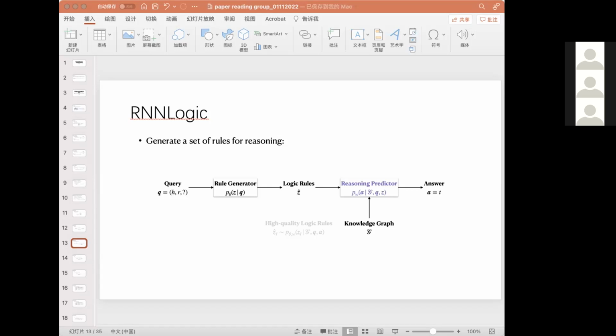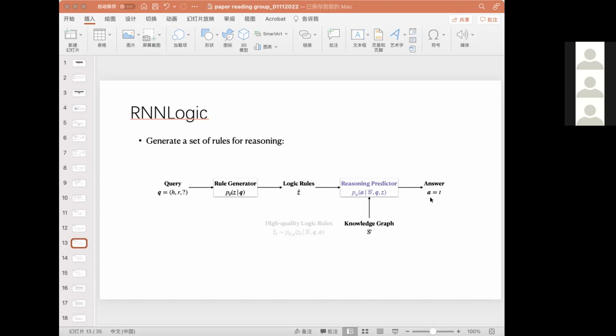This reasoning predictor will take the generated rule by the rule generator as the input, and then it will try to select the top K high quality rules as the most promising rules, and then return these most promising rules back to the rule generator in order to guide the learning of the rule generator.